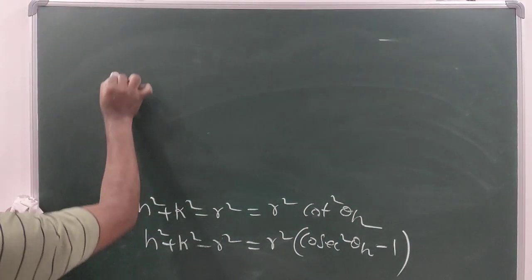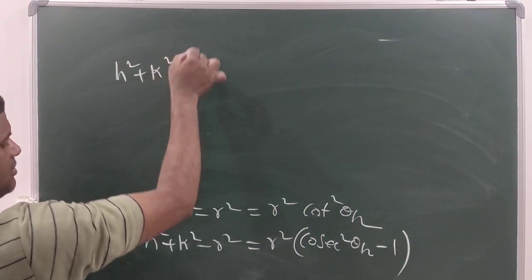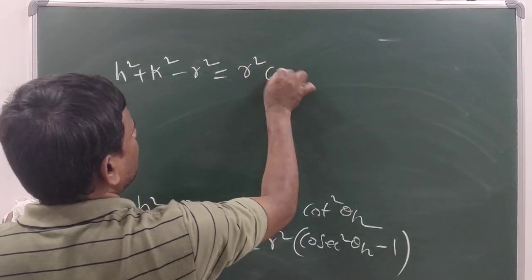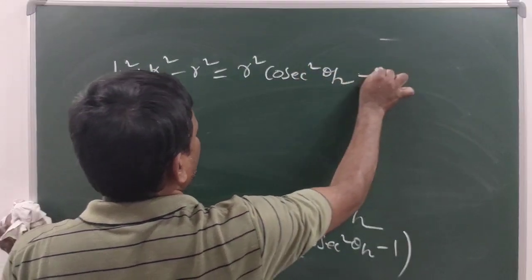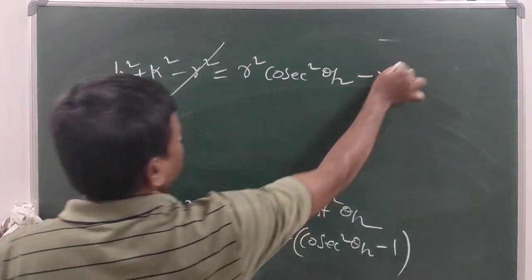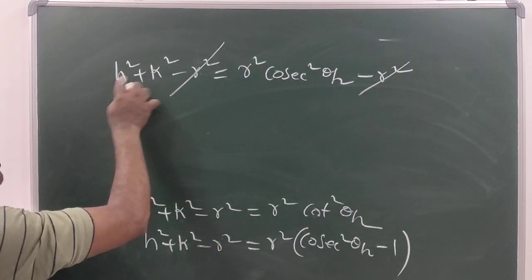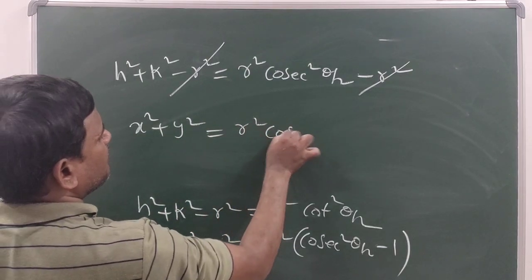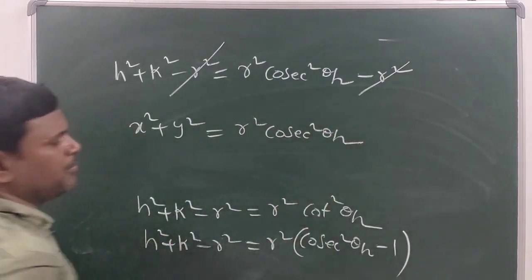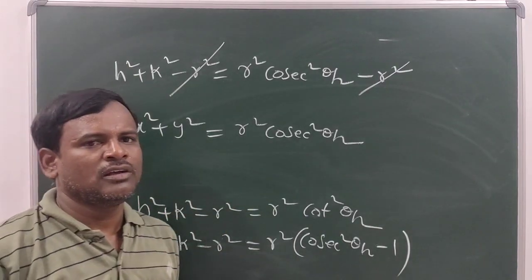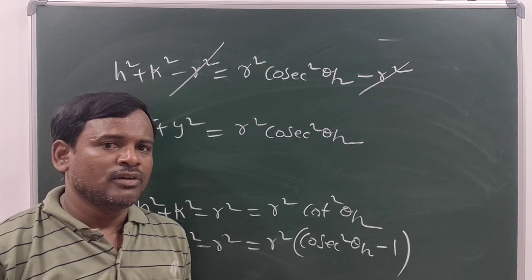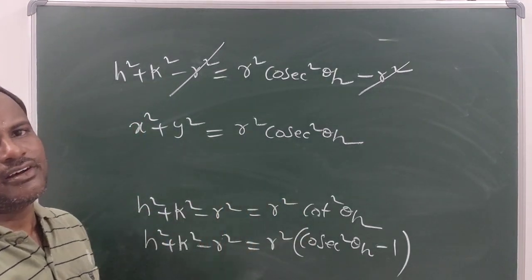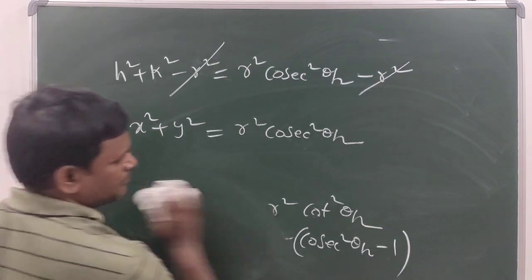If you simplify this, you will get h square plus k square minus r square equal to r square cosec square theta by 2 minus r square. This minus r square cancels. Replace this locus point by x y: x square plus y square is equal to r square cosec square theta by 2. So this is the required locus of points where the tangents are intersecting at an angle theta.